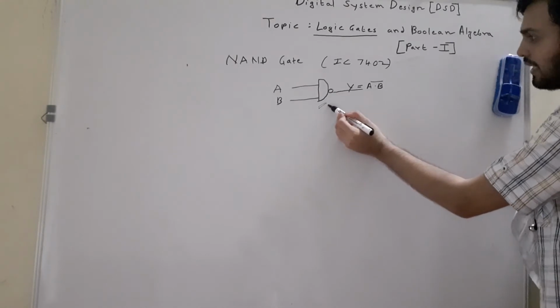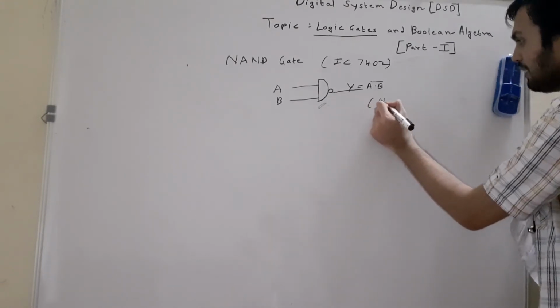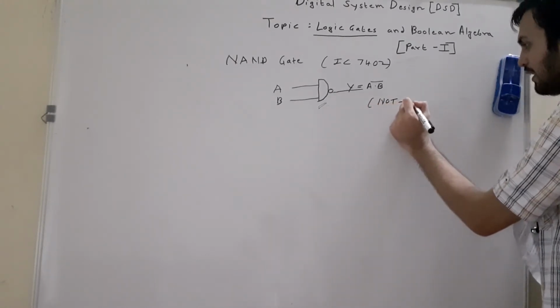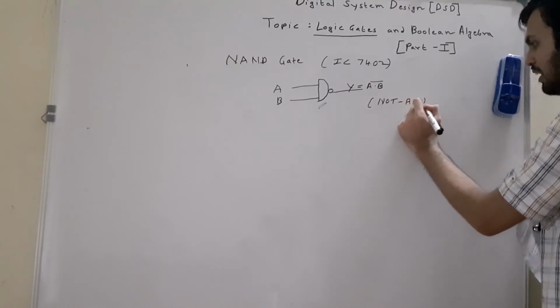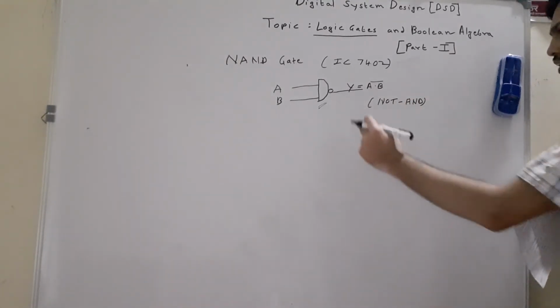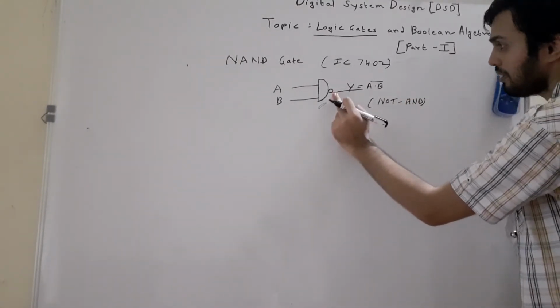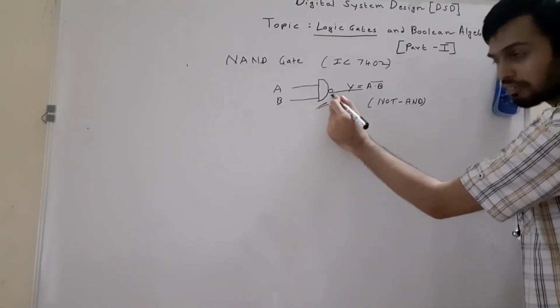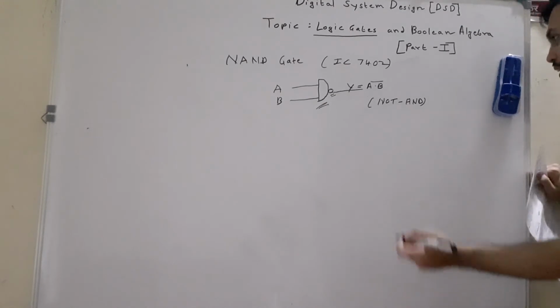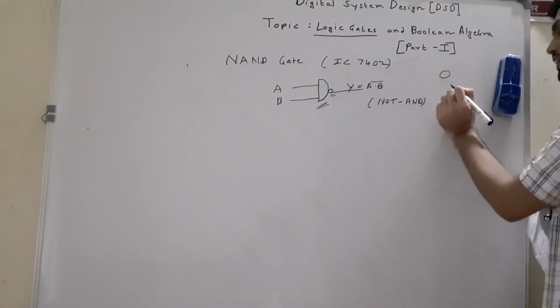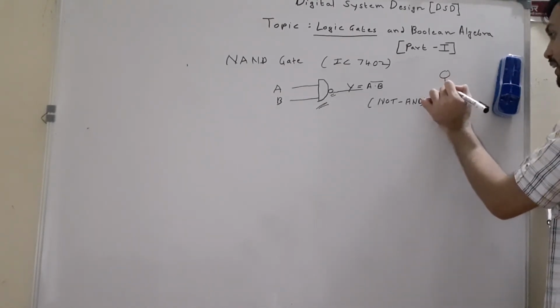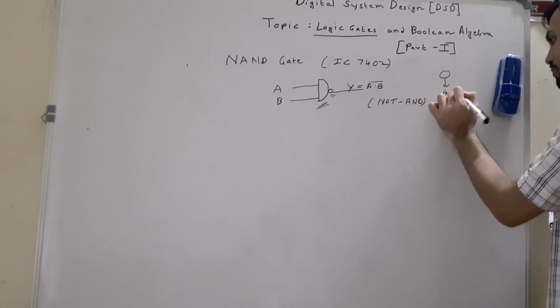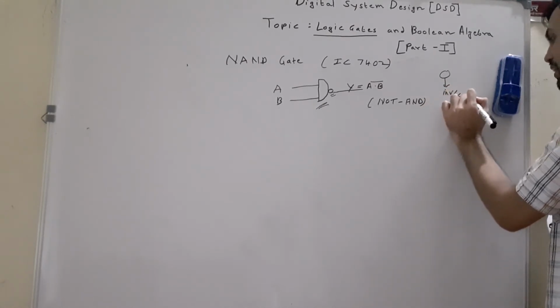Now what is NAND gate? NAND gate is basically NOT AND. Remember when you drew AND gate, its symbol was similar, but this bubble which represents a complement was absent. So whenever you see a bubble in any digital circuit, you should know that it represents inversion or complement, or a NOT gate simply.